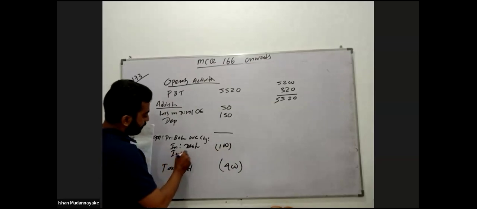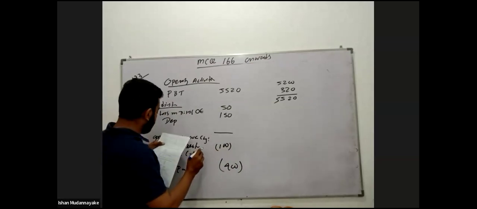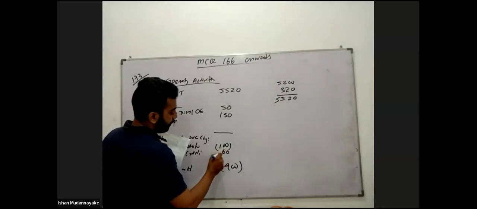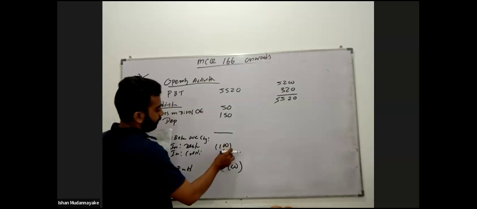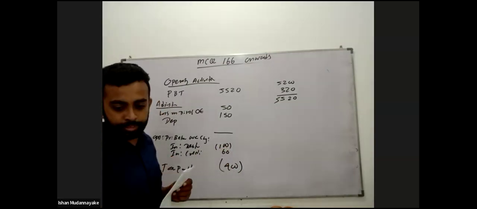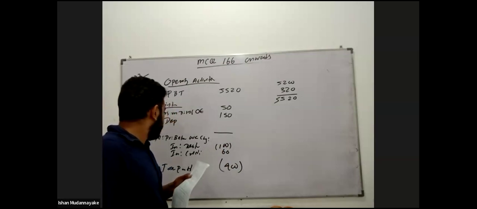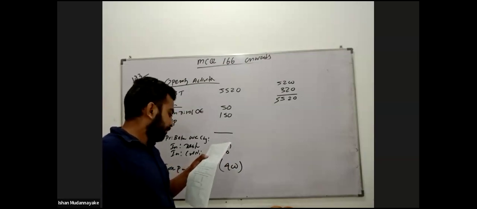Increasing creditors, you need to add back. We consider creditors as having paid cash to us. Increasing creditors plus 60. If liability increases, working capital changes plus.